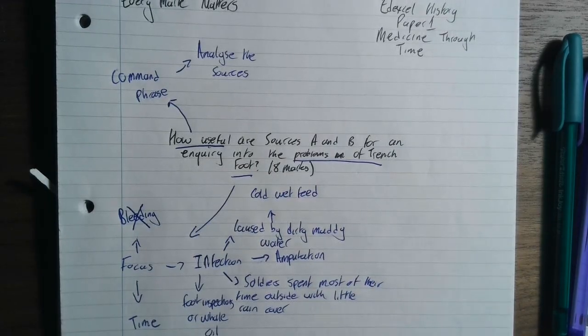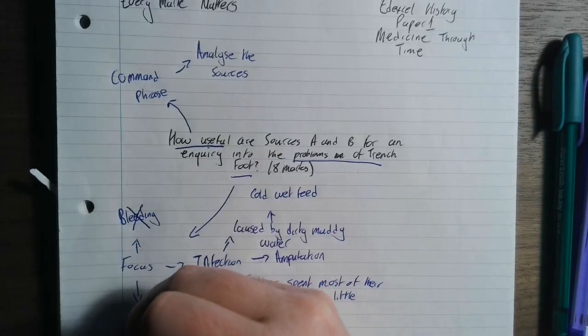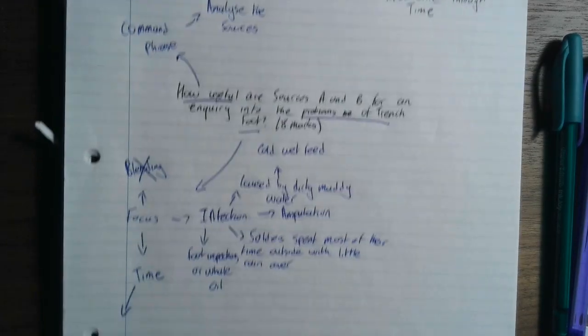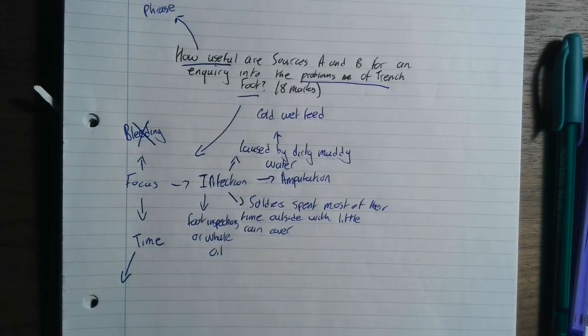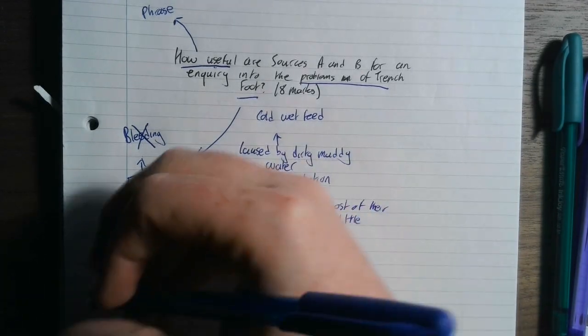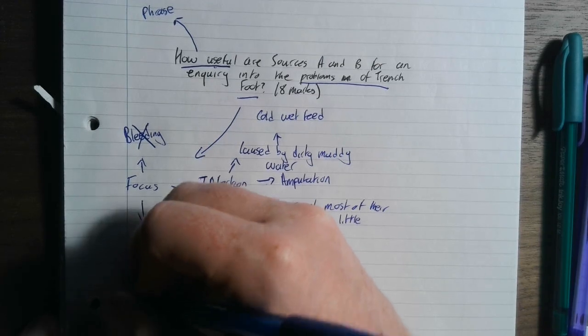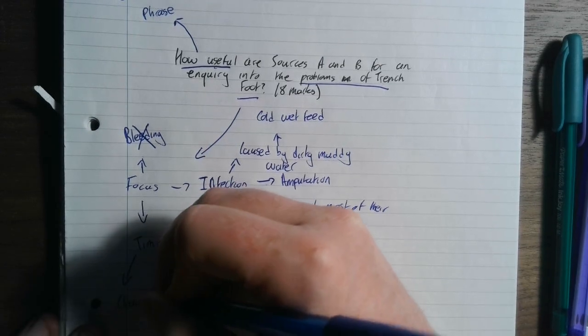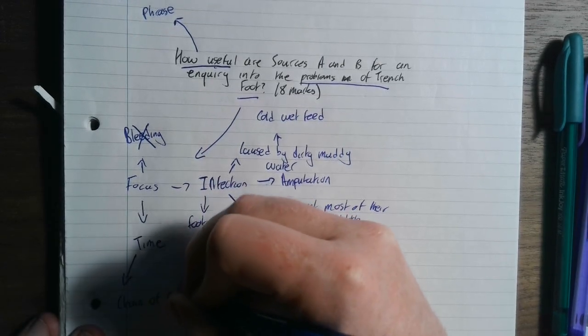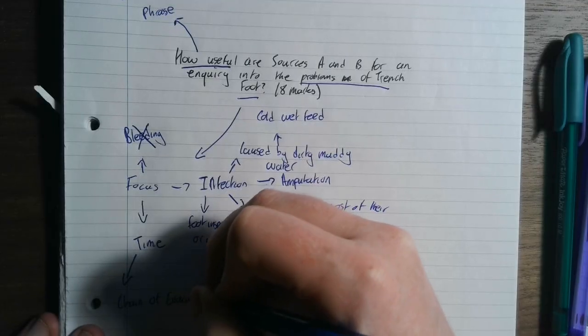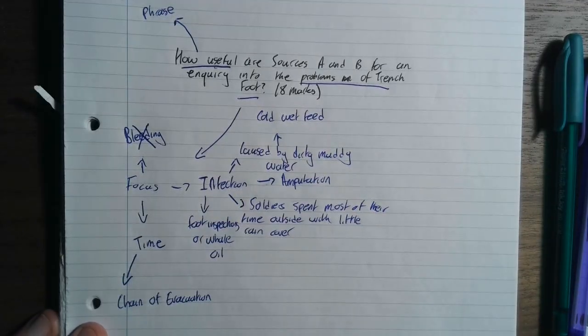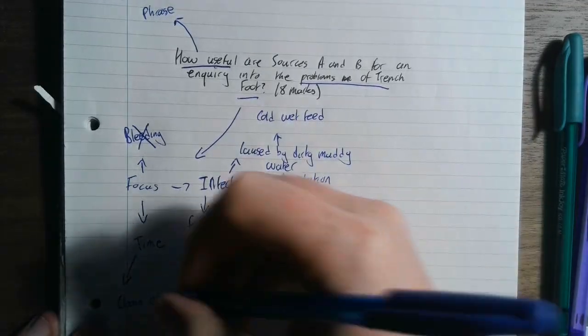Let's have a little look at time. So again, there's not a great deal of knowledge that's relevant to time, but what we could think about is where does the treatment or prevention take place? In most instances, it would take place within the chain of evacuation, but it's not serious enough to be in the casualty clearing station or base hospital.